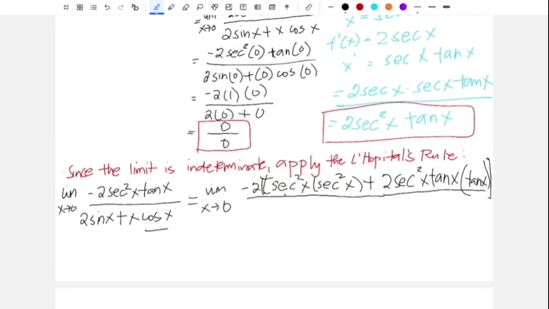Let's solve this like how we solved it earlier. So let's copy our 2, the derivative of our sine x is cosine x.